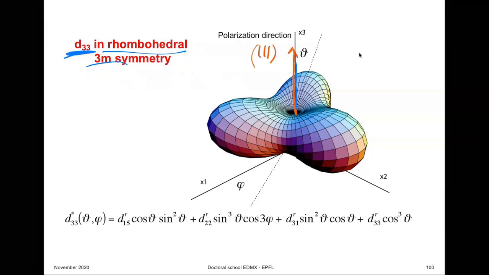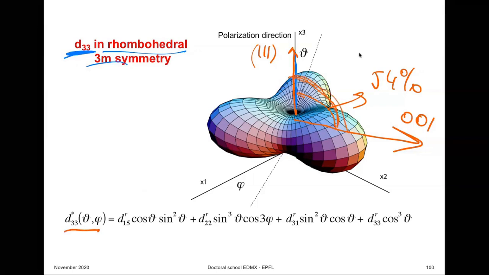And it turns out that the largest piezoelectric coefficient, this is the piezoelectric surface as a function of space, is under an angle of about 54 degrees, which is the 0, 0, 1 direction in a rhombohedral, in a pseudo-cubic representation.